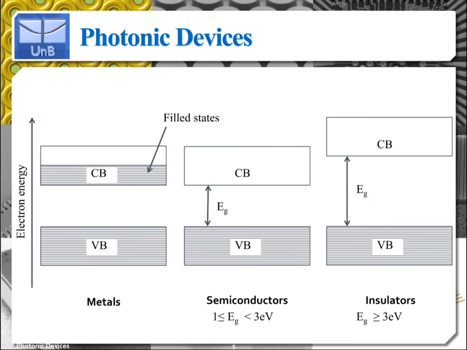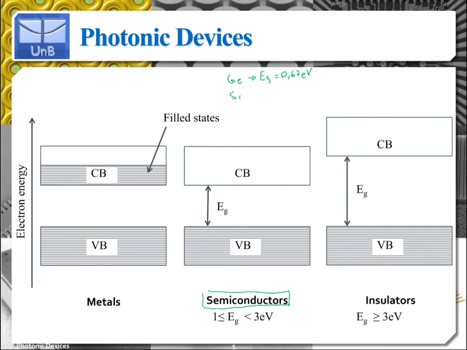For photonic and optoelectronic devices, we're going to be much more interested in semiconductor materials than in metals and insulators in general. And just to give a few examples, for germanium, which is a common semiconductor, the energy gap is 0.67 eV.